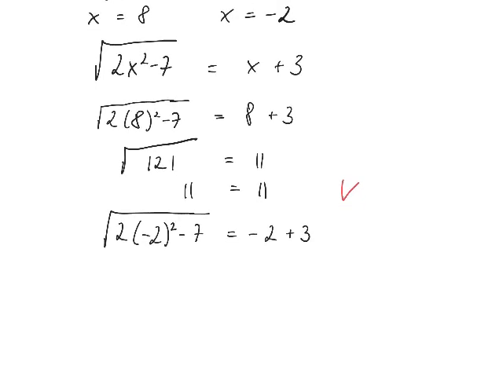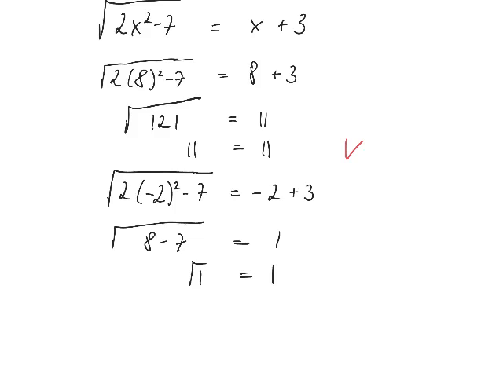So we would have 2 times 4, which is 8, minus 7 is 1, so the root of 1 equals 1. So 1 equals 1, and that is correct as well. You have to check both solutions, because sometimes you might get a solution, but when you put it in, it doesn't actually work. So you have to check your solutions.